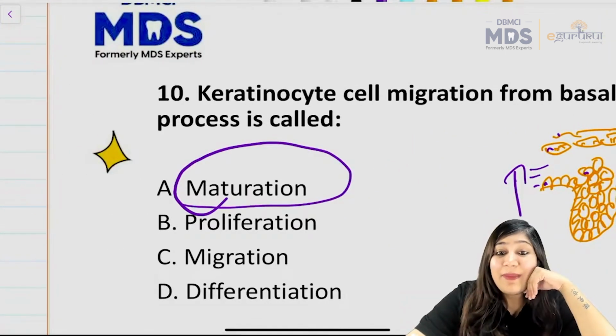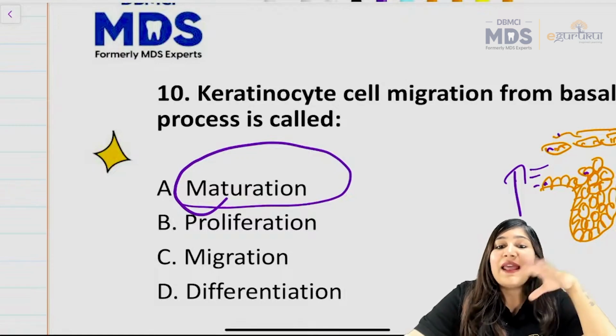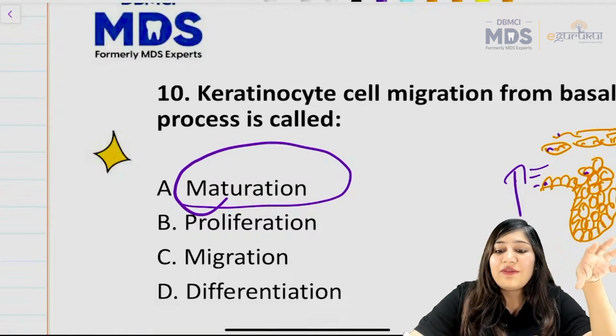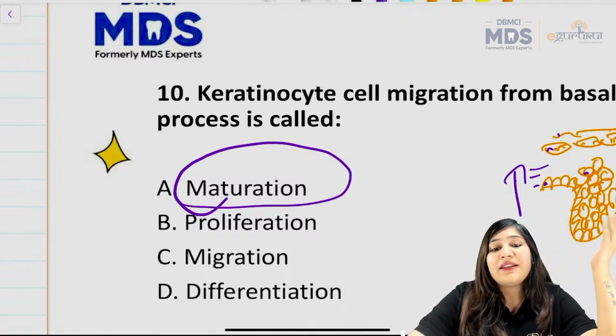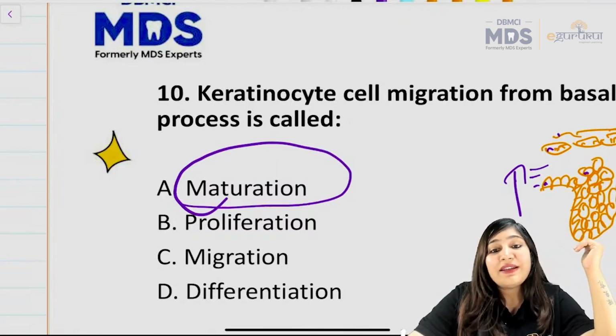And the time taken for its migration from the basal layer to the superficial layer is known as turnover rate.